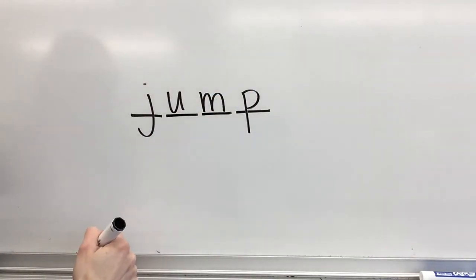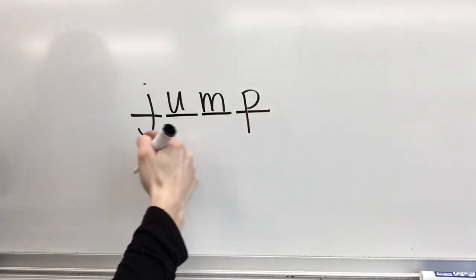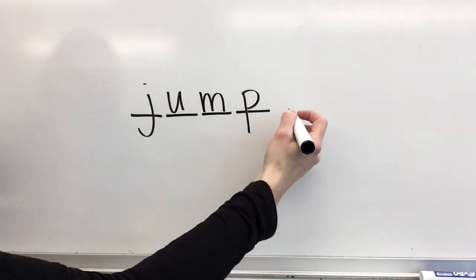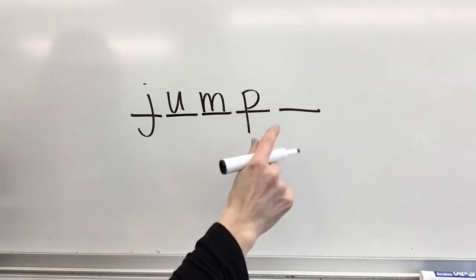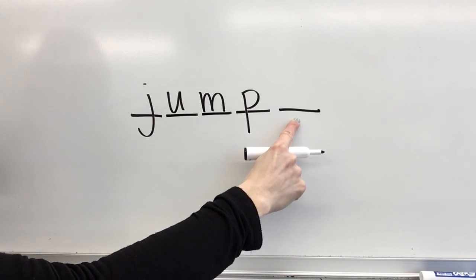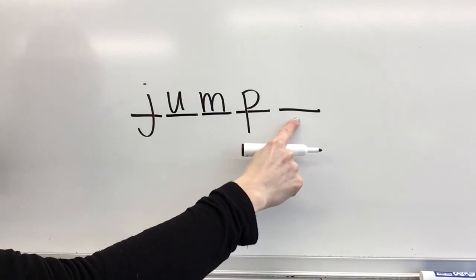Okay, there's our base word. Now we have to have our ending for our suffix, jumped. What sound do you hear at the end? D. Think about what goes at the end of a word that would make the d sound, jumped.